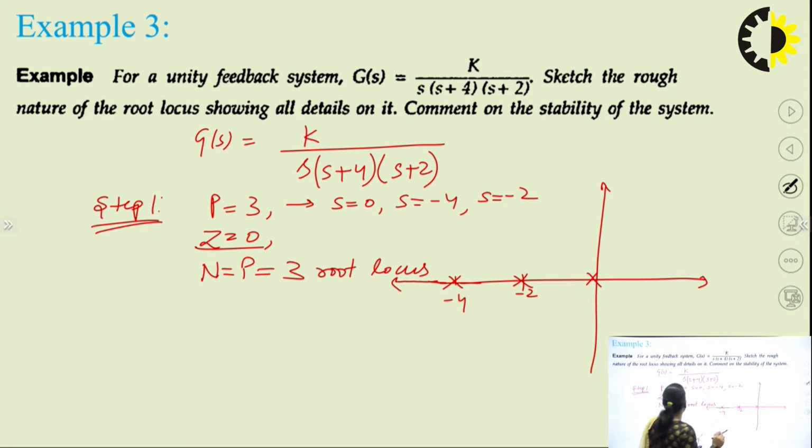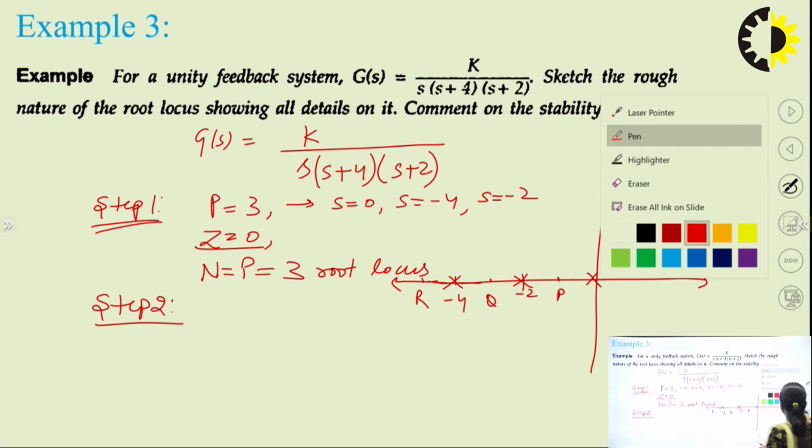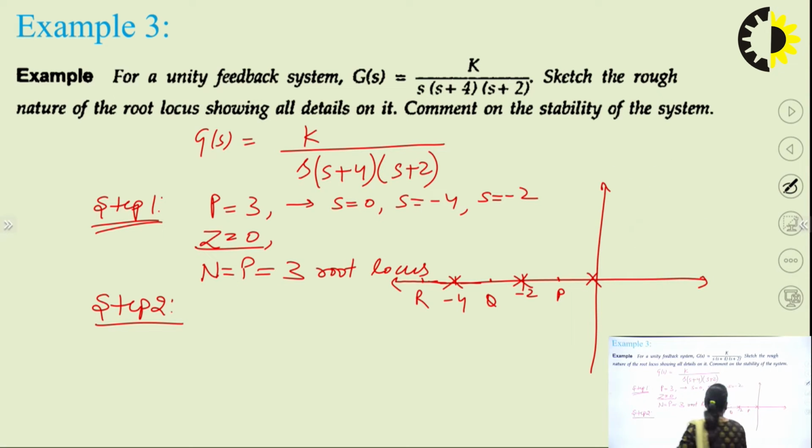Now another thing that I can see here is to find the region where the root locus is lying. So for that purpose I'll select the point, let's say this point P, this is the point Q, and this is the point R. Okay, so let me use another pen. For point R, I have to check in which region the root locus is lying on this negative real axis, as I know that the root locus is symmetrical about the horizontal real axis.